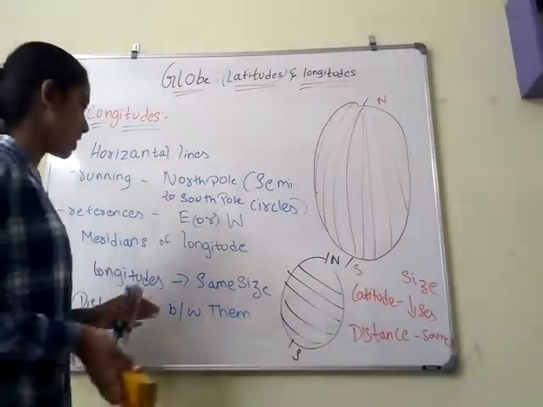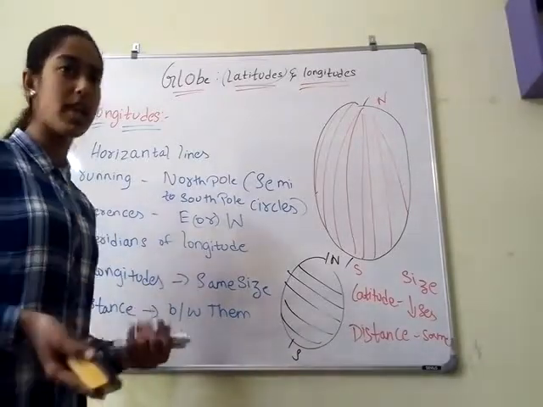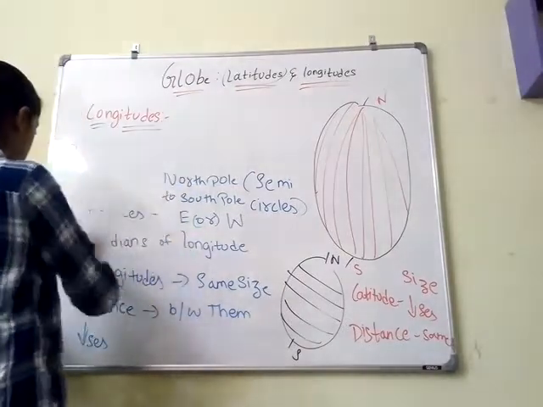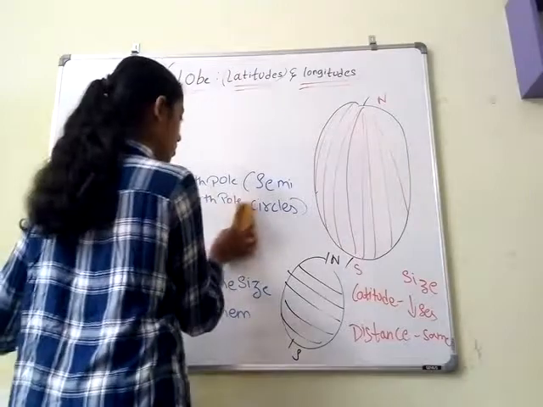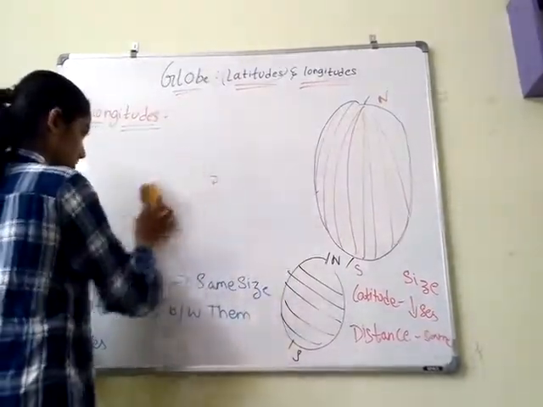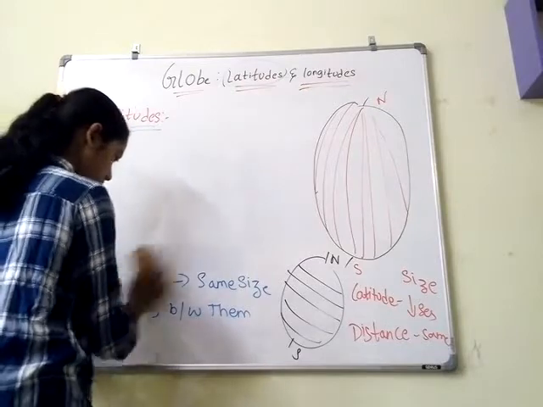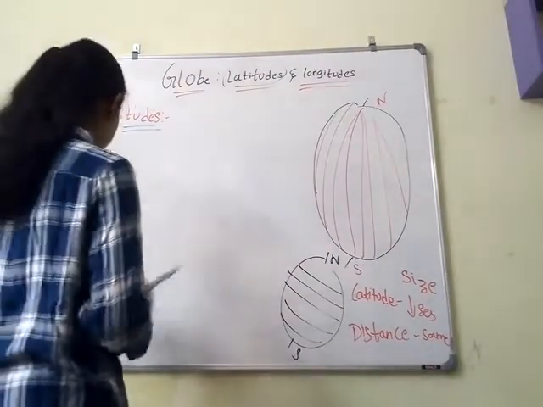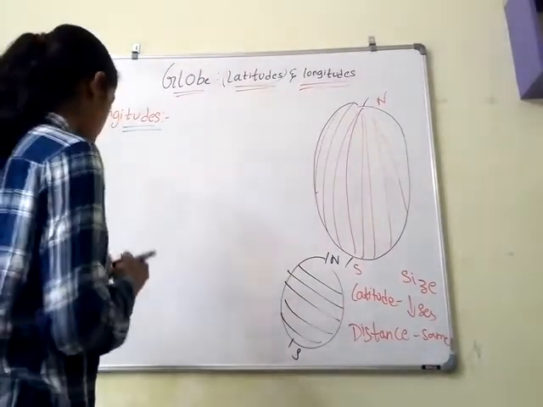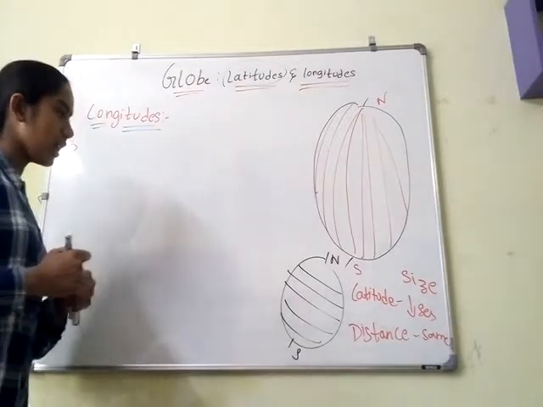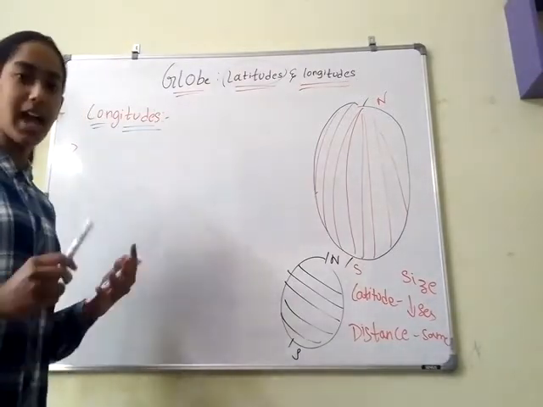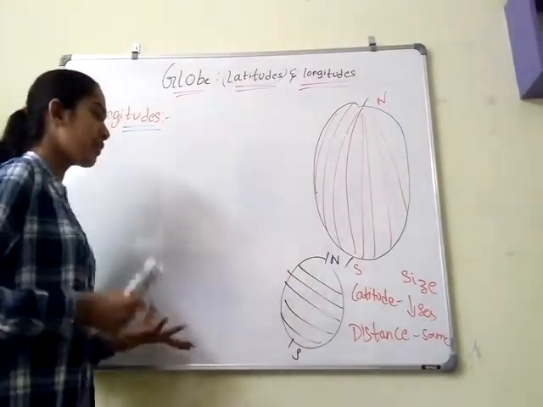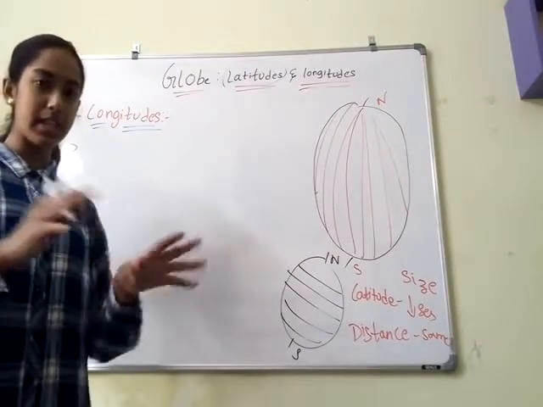Now let me tell you some more important points about longitudes. There are actually many longitudes, and all longitudes are of the same size, so it is difficult to set the time.